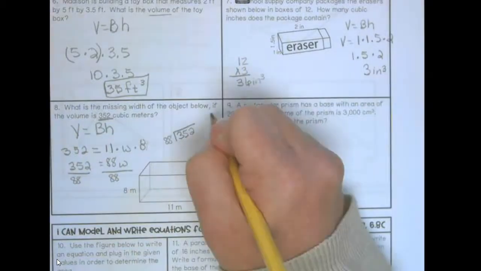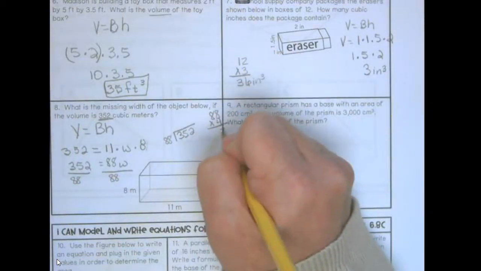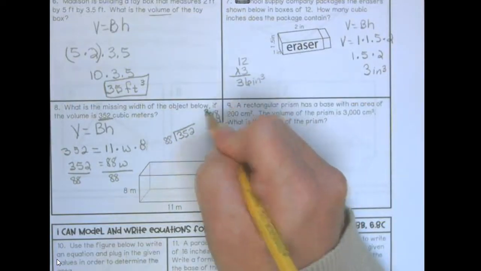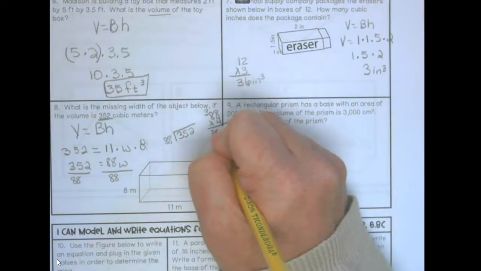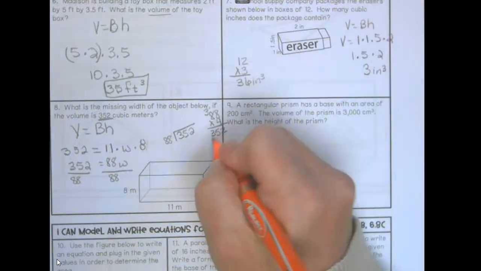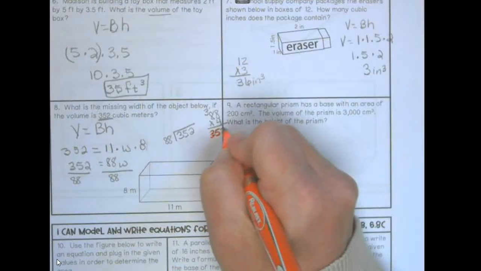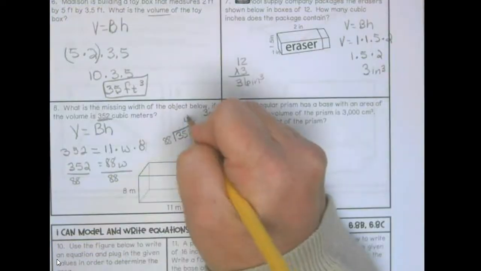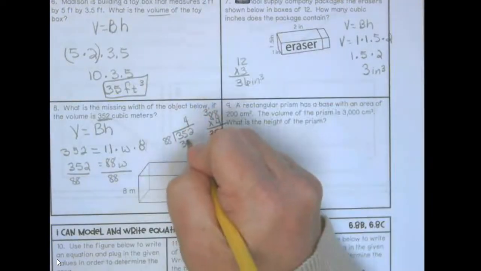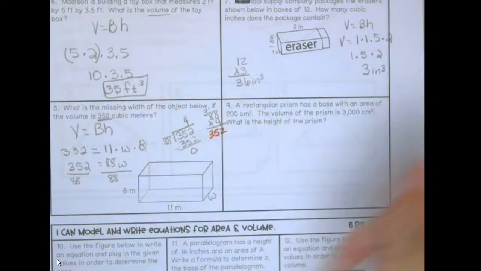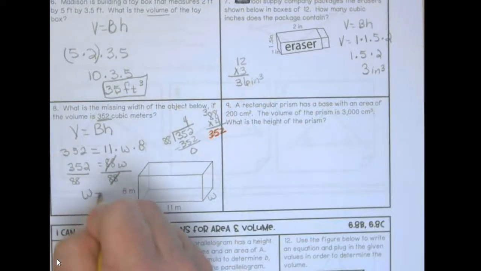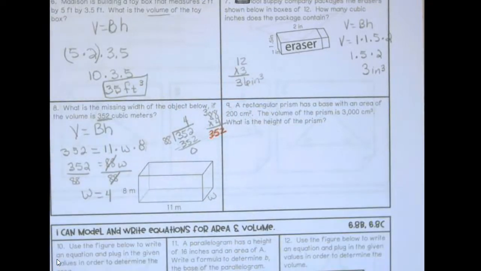So I'm going to try 4. 88 times 4. 2, carry 3. 32 plus 3 is 35. So I get 352. So it goes in 4 times. So my width is 4.